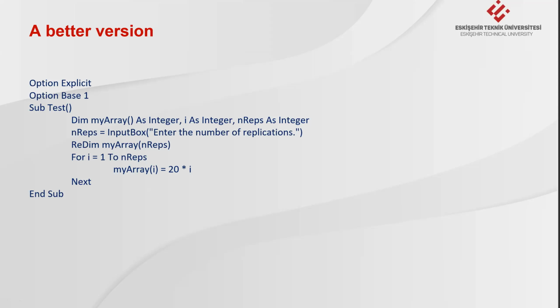Firstly, you get the InputBox function, and you get the number from the user, and you resize. It is the ReDim function in here, the redimension function. You say myArray and nReps. So in this case, what your user enters to nReps, your array size will be that much. Okay, so we're gonna see them later, but we can avoid them as in this example.